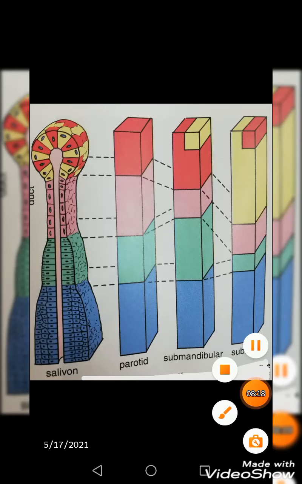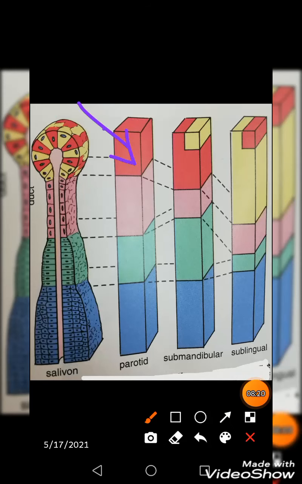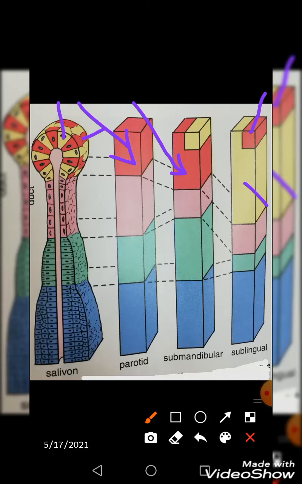In the submandibular it is about 90%, and almost 10-15% in the sublingual. If you concentrate on the mucous acini, the number is maximum in the sublingual and 10% in the submandibular, but you hardly find any in the parotid gland, right?